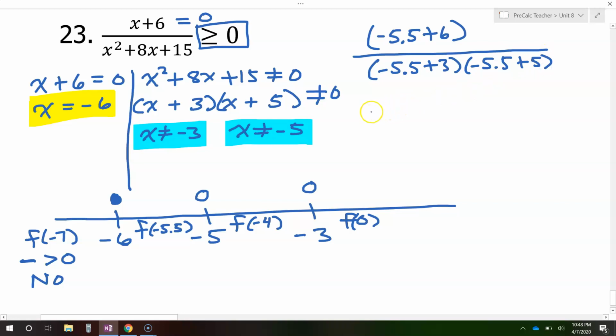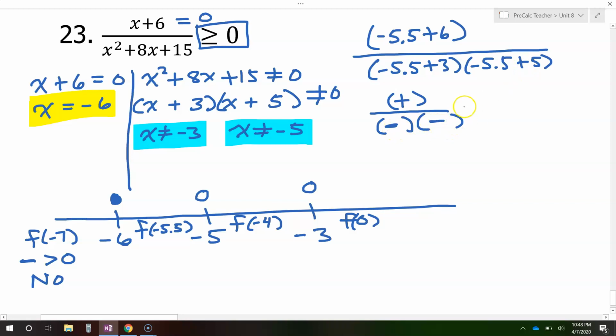And all I care about is what is negative and what is positive. So the numerator will be positive because the positive number is bigger. The first factor in the denominator will be negative because the negative number is bigger. And the second factor will also be negative because the negative number is bigger.